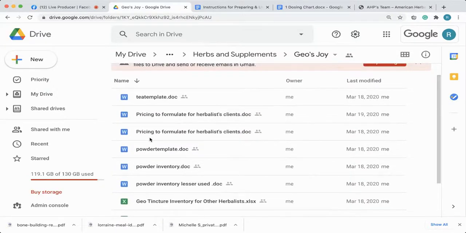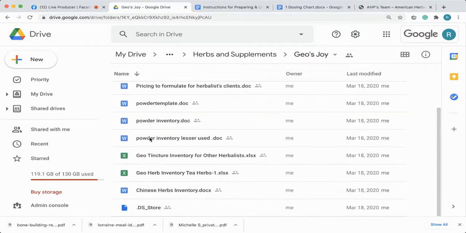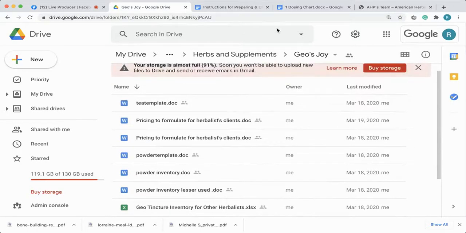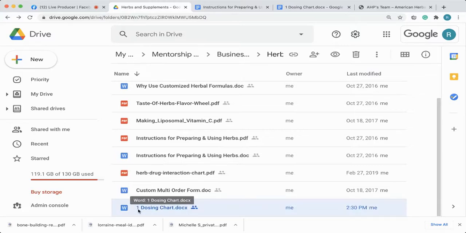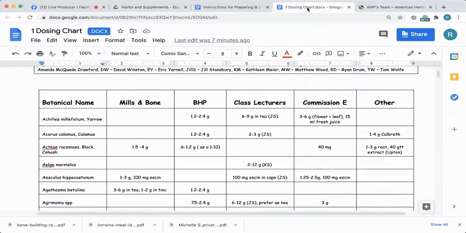So all of her templates and resources for custom formulation are in here. And then the other document that you'll find is the dosing chart. There's a 1 in front of it. I put a 1 in front of it for my own reference because I want to find it easily when I'm looking for it on my desktop.